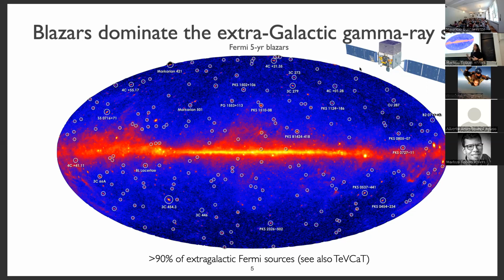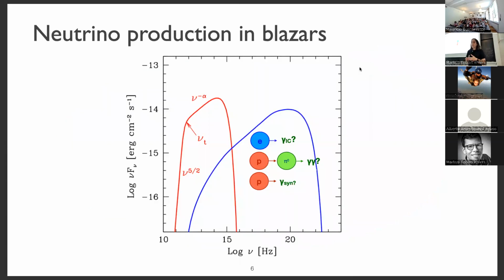The question that we're going to work through today is, do they only accelerate electrons, or do they also accelerate protons? Because gamma rays might be produced just by electrons, but then we don't get neutrinos. Previously we worked with this model in which all the gamma rays come from electrons upscattering these photons or other photons close to the black hole.